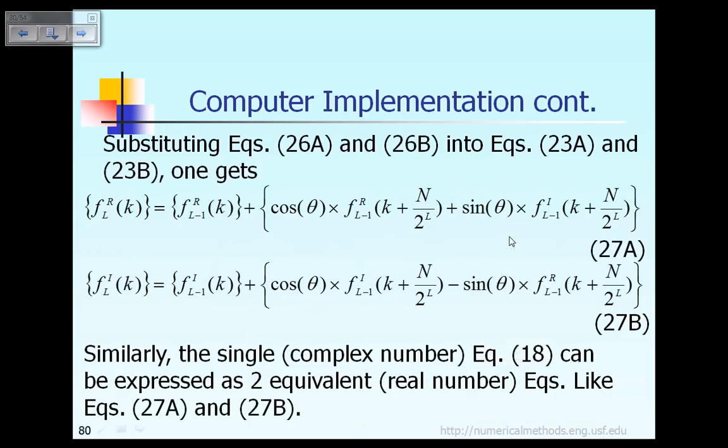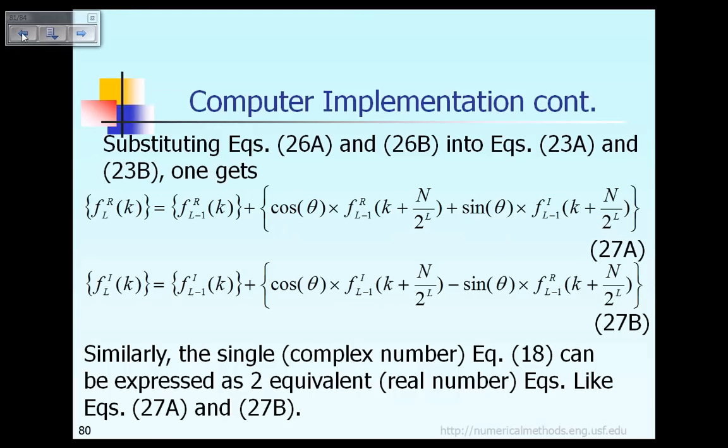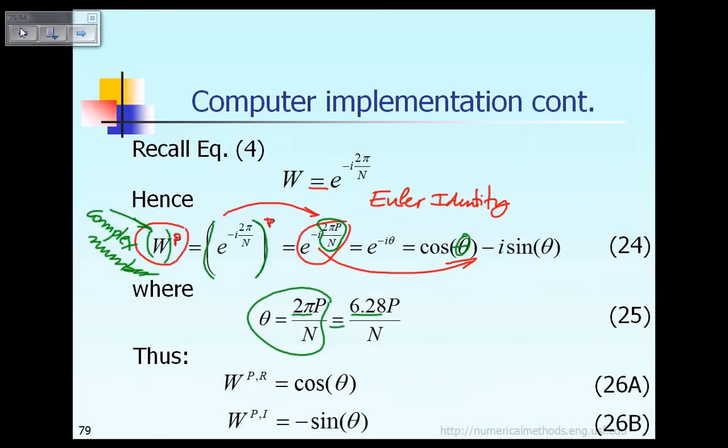As you can see, W raised to the power P is a complex number that can be represented as cos theta minus i sine theta.